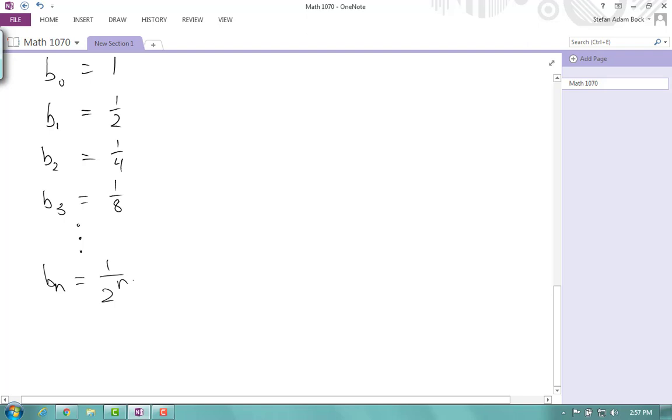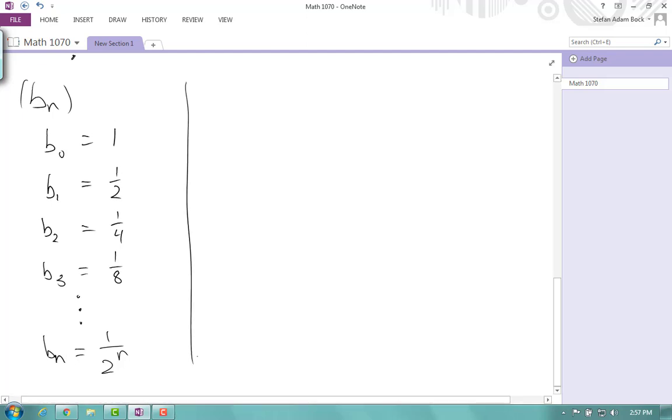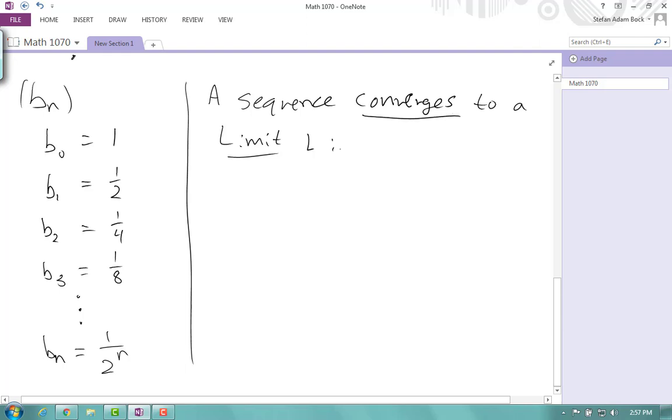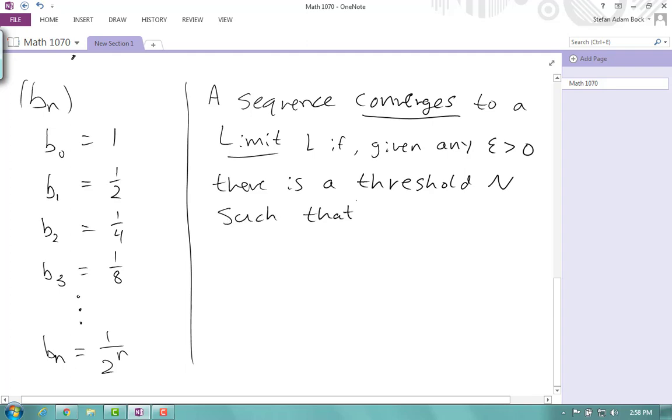And if we think about it, this sequence, as n gets very large, the values for this sequence get very, very small. And we want an idea about that. So I'll add a new definition here. A sequence, we'll say it converges to a limit L if given any margin of error, which I denote with the Greek letter epsilon, there is a threshold value, big N, such that for every n greater than big N, we have the absolute value of a sub n minus big L is less than epsilon.